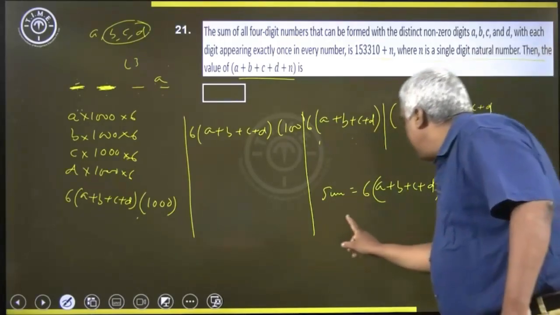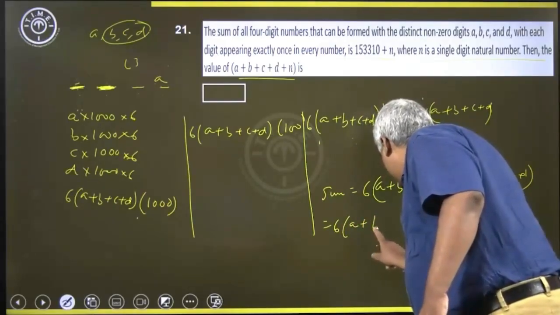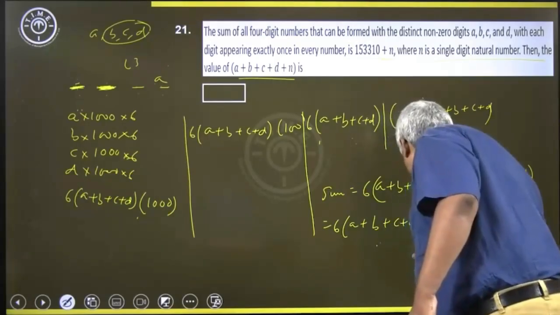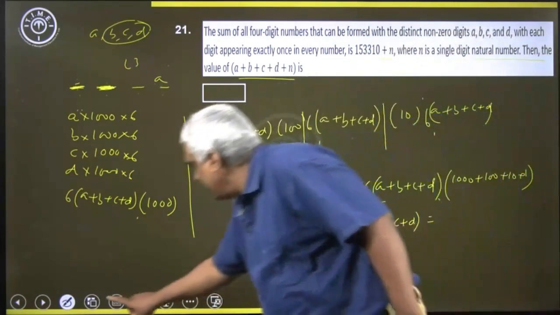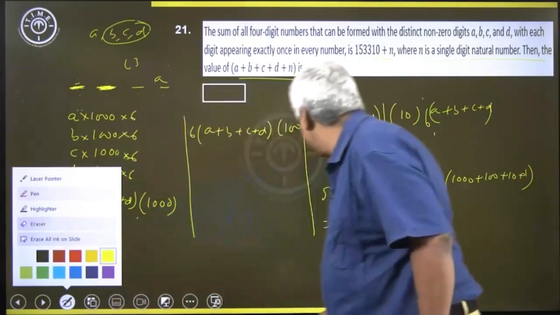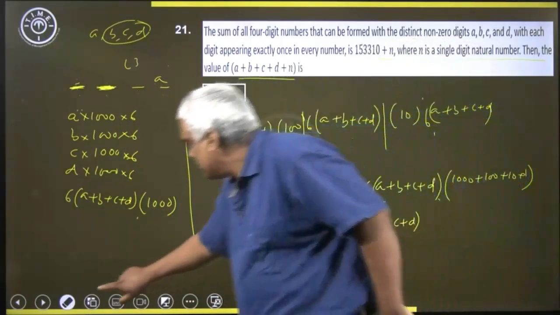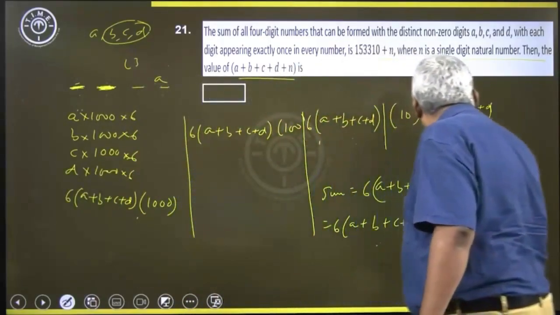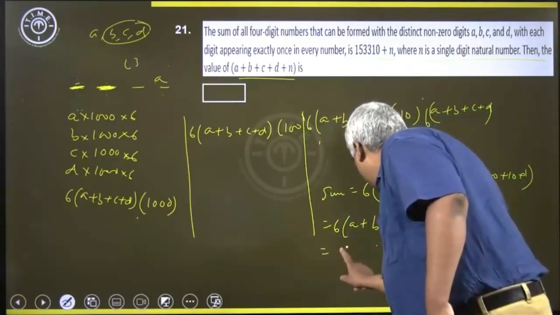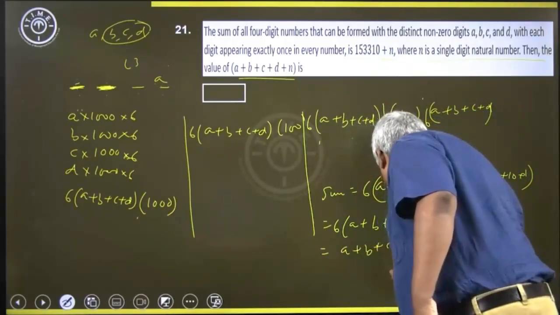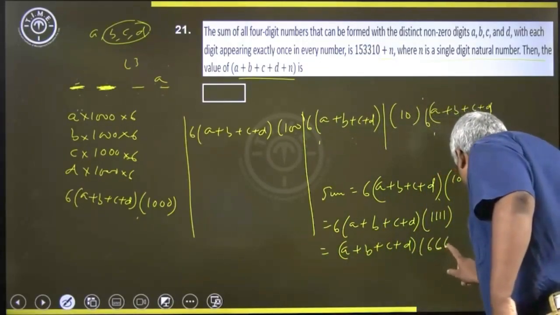So basically it's 6 into (A plus B plus C plus D) into 1111, or it will be (A plus B plus C plus D) into 6666, right?